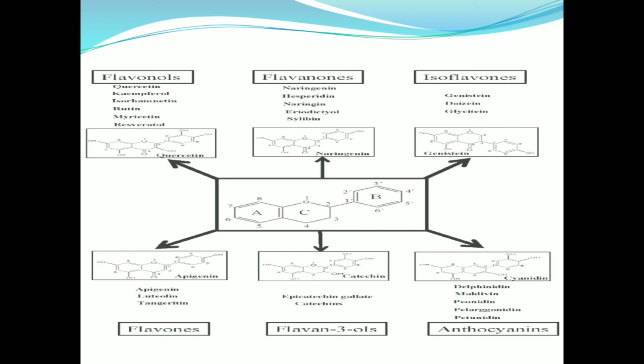Genistein is taken as an example of isoflavones. Apigenin is taken as an example of flavones. Catechin is taken as an example of flavan 3-ols, and cyanidin is taken as an example of anthocyanins.